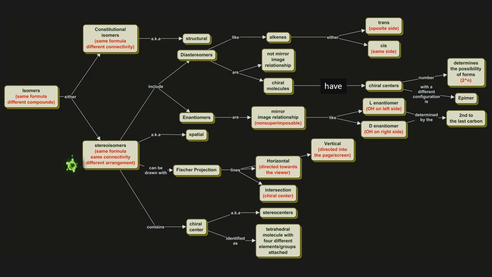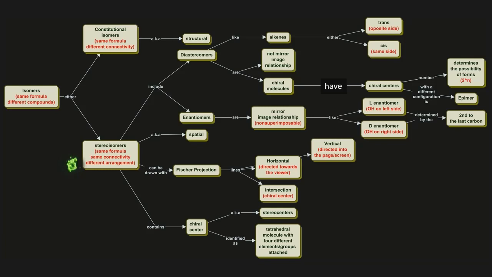Stereoisomers, like constitutional isomers, have the same formula, the same number of carbons and the same number of hydrogens. However, they differ in terms of connectivity. While constitutional isomers differ in the connectivity, the arrangement of the structure of carbons and hydrogens, stereoisomers have the same connectivity.